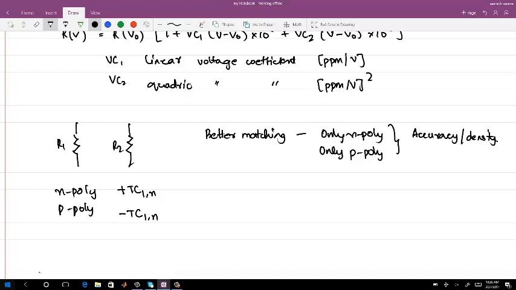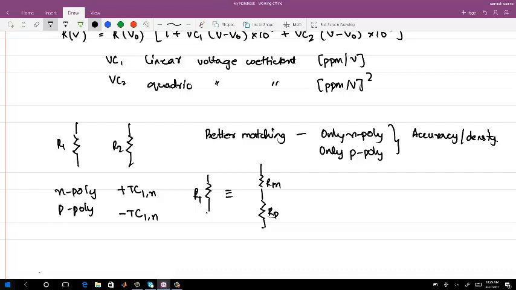Okay, but if R1 itself needs to be more accurate with respect to temperature, then what I can do is I make R1, as you suggested, a combination of R1N and R1P, so that on temperature it is compensated.